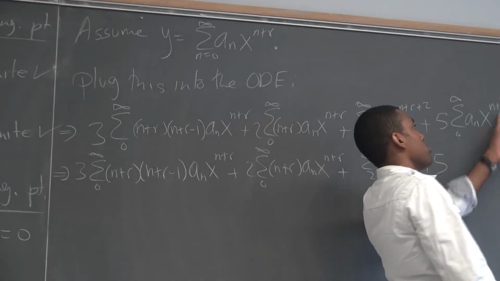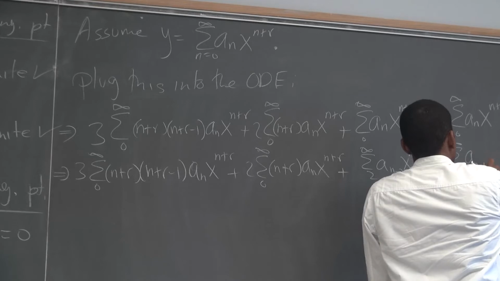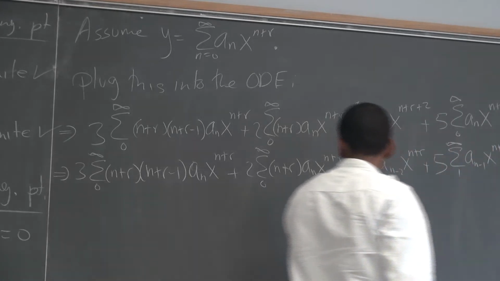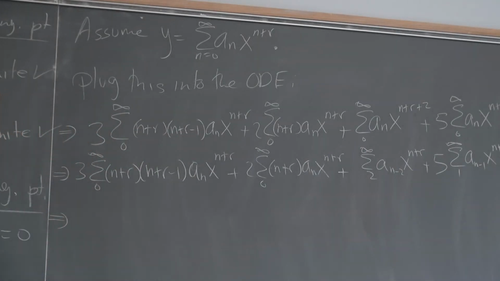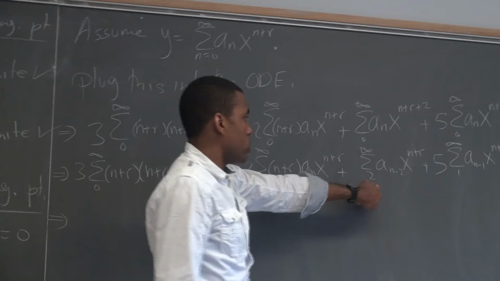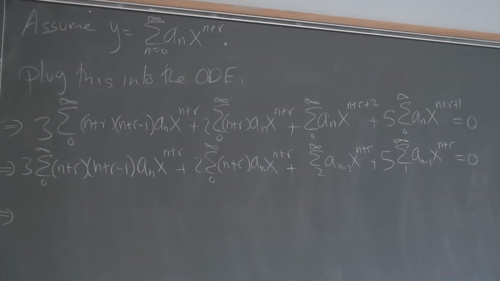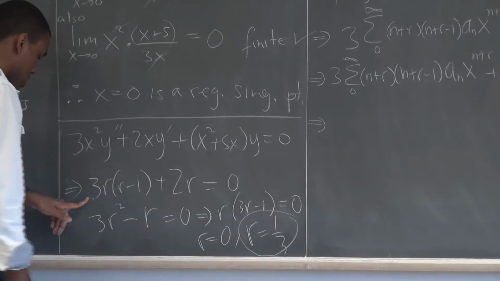Shift this one to n minus 1, so it starts at 1, a_(n minus 1) x to the n plus r, equals 0. He's at 2, which means everyone else has to catch up to him. You don't have to do this, but it would be nice to see if this pops out, so I'm just going to do it anyway.